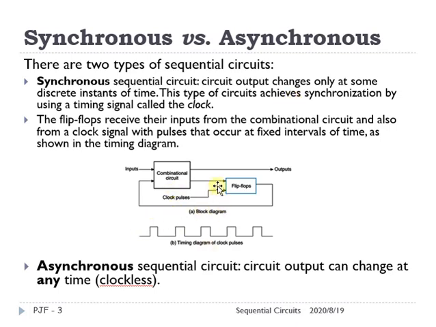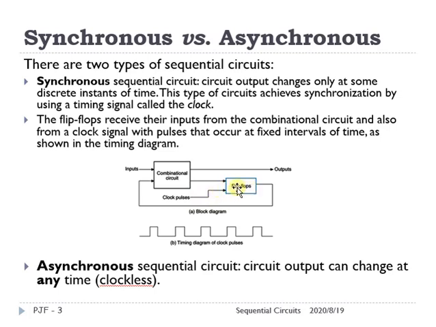Here you can see a synchronous sequential circuit where the output of the combinational circuit is given to the flip-flop, and the operation of this flip-flop is controlled using clock pulses. So the output of the flip-flop will only change whenever we apply the clock pulses to its input.